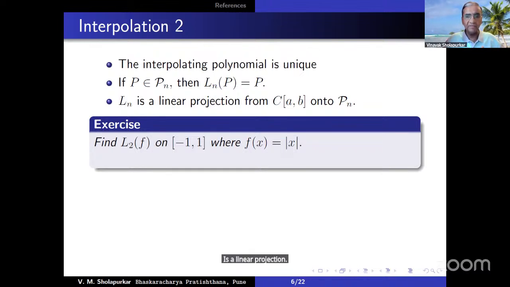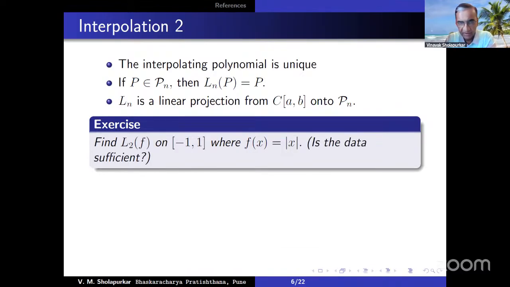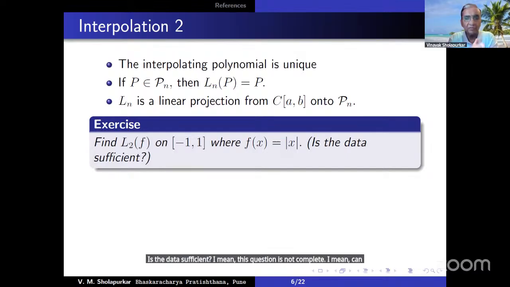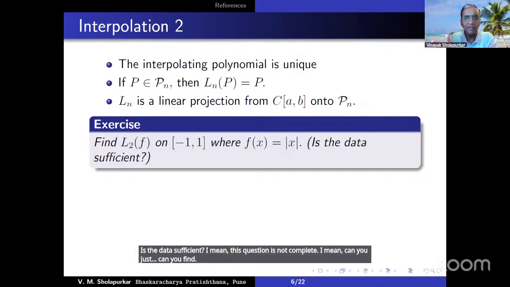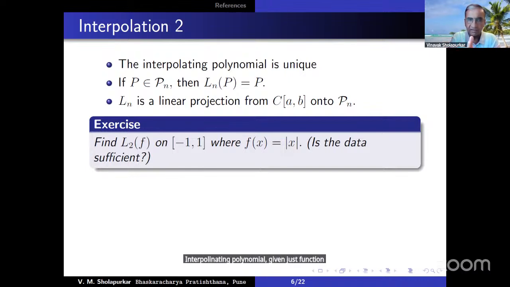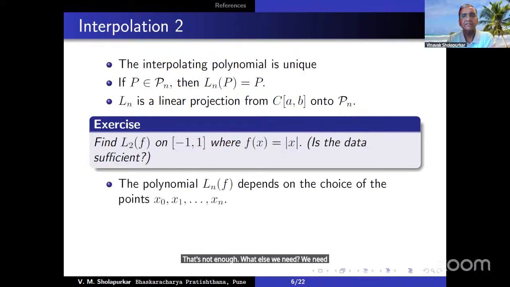As this being an MTTS lecture, let me give some exercises also. So find L2 f on -1 to 1, where f of x is mod x. Is the data sufficient? I mean, this question is not complete. Can you find the interpolating polynomial given just the function and degree, that is 2? That's not enough. What else do we need? We need data points.